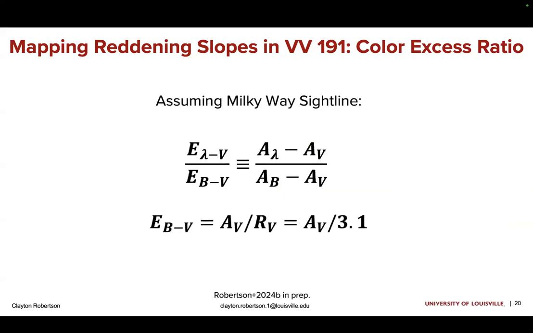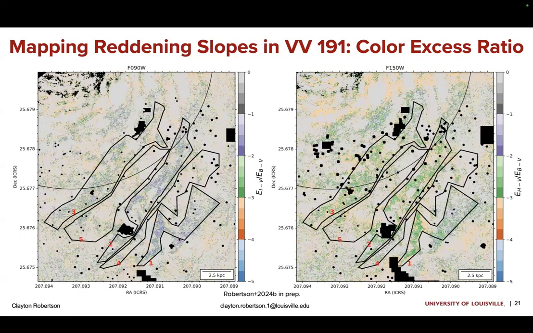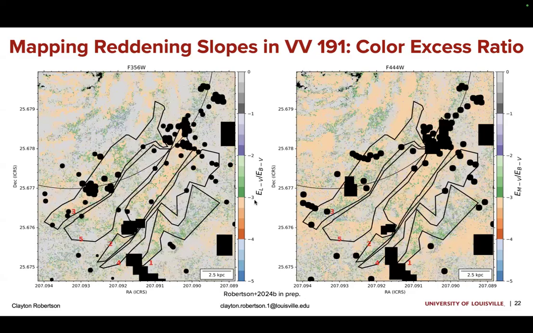The way I calculate that is by assuming RV is equal to 3.1, we can calculate the color excess here, and from there we can get the normalized extinction or color excess ratios. And this is what we get. There are some very important results based on extinction laws of the normalized attenuations in the literature itself. But again, I'm a little short on time, so I have to go very quickly now.